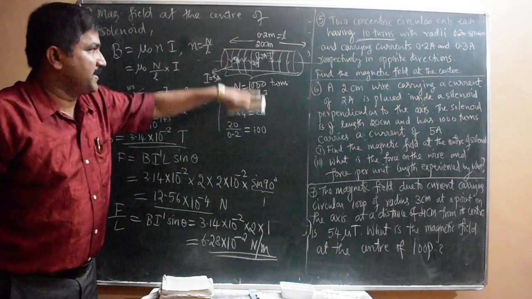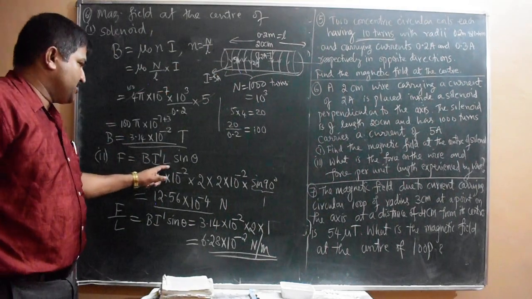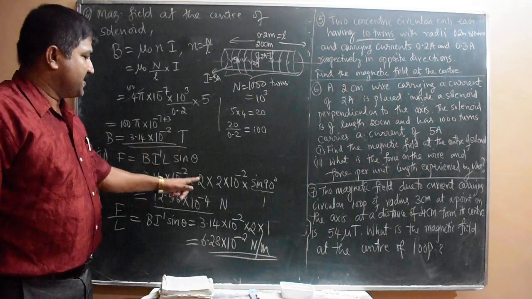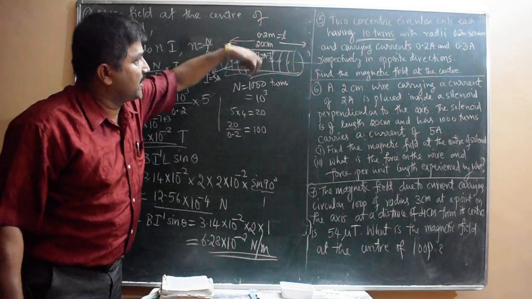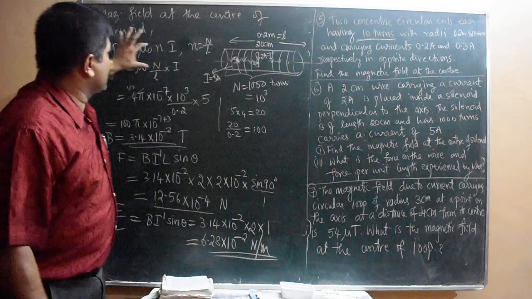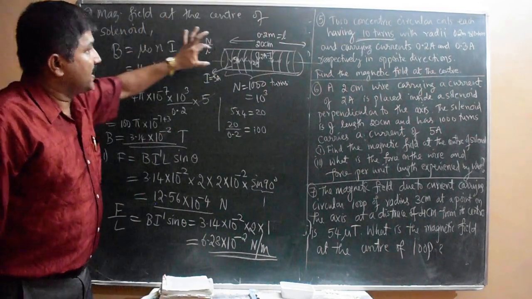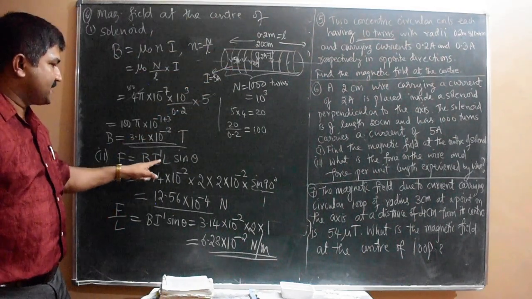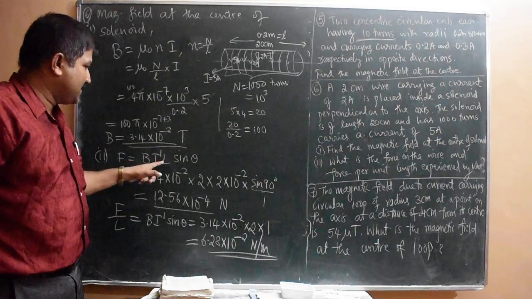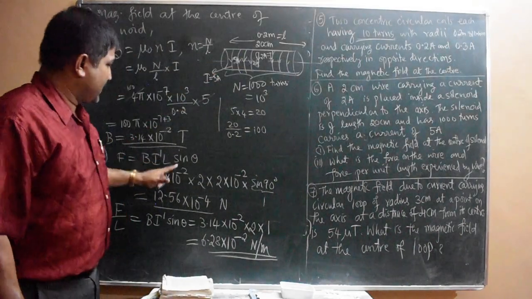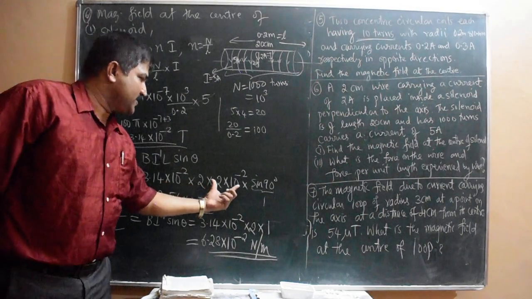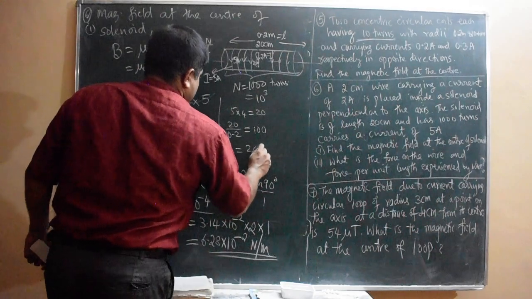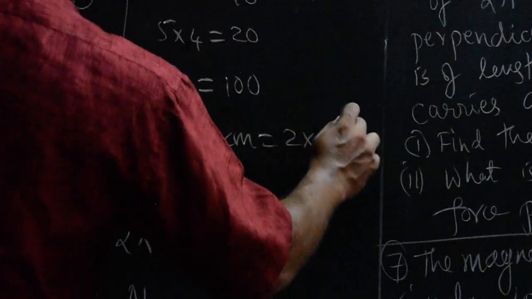Then the force experienced by the wire is B I dash L sin theta. B is the magnetic field found already. I dash is the current in the wire, not in the solenoid. The solenoid current we used as I, whereas I dash is the current in the wire, into L, the length of the wire, which is 2 centimeter, or 2 into 10 power minus 2 meter.